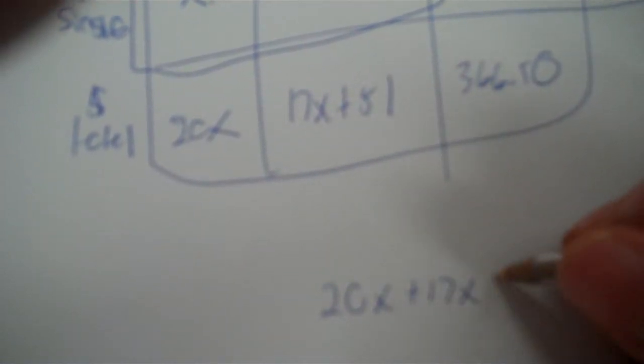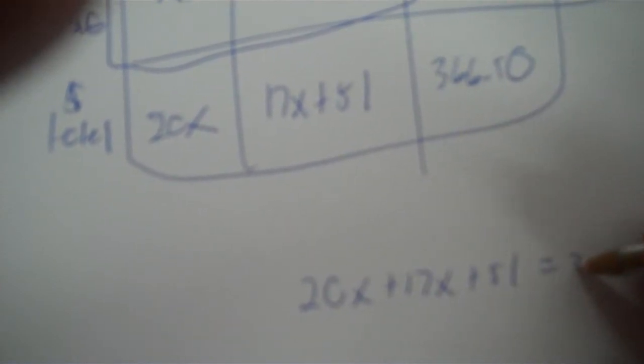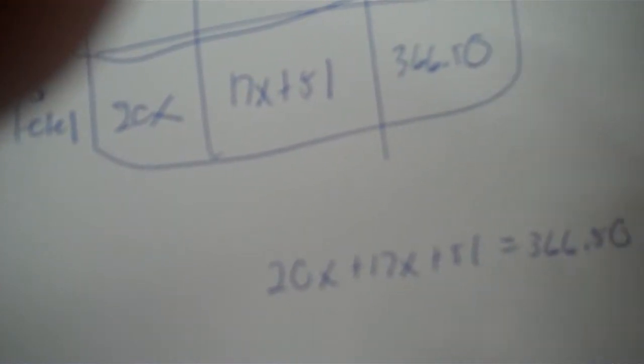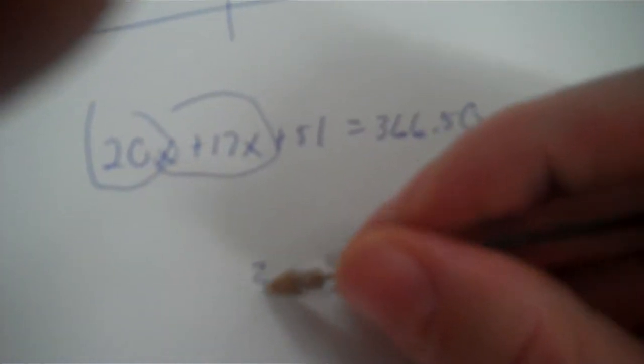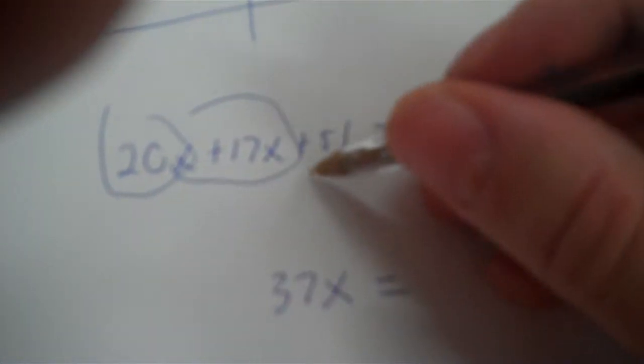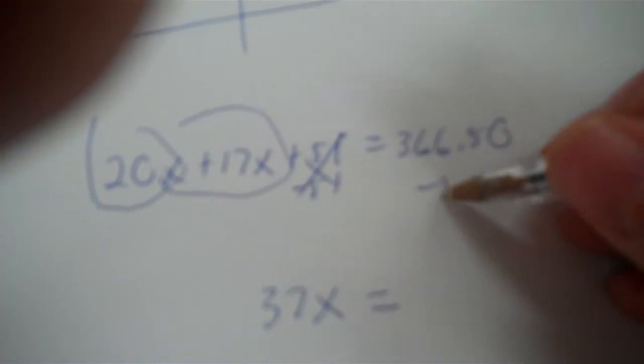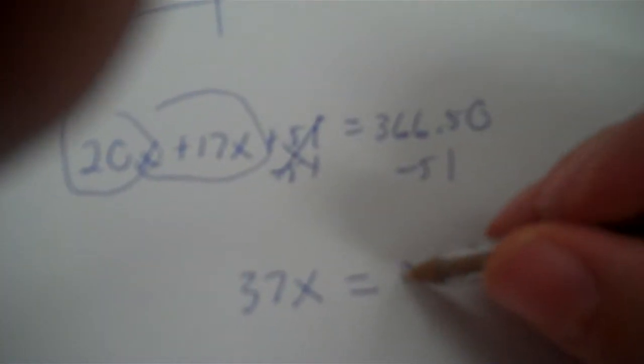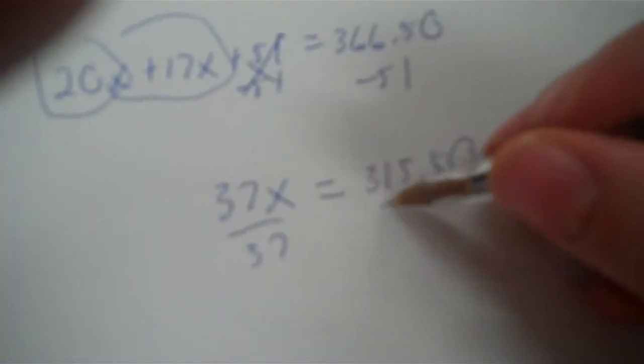So we have 20x plus 17x plus 51 equals $366.50. Okay, the x's, add those, 37x, and while you're at it, subtract 51 from both sides. So that's going to be $315.50, so I divide by 37.